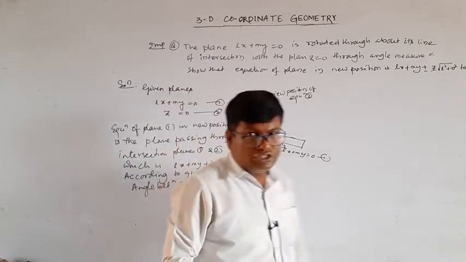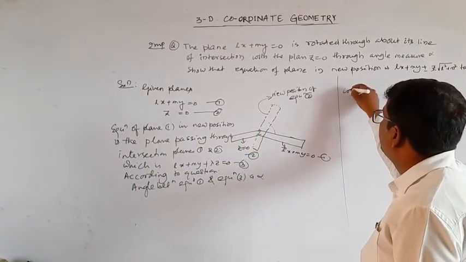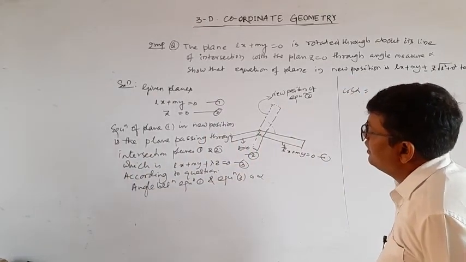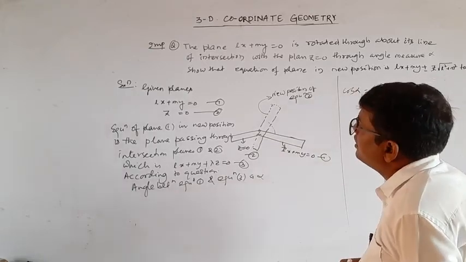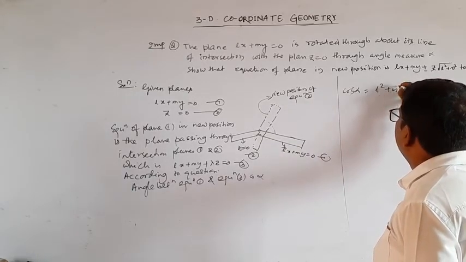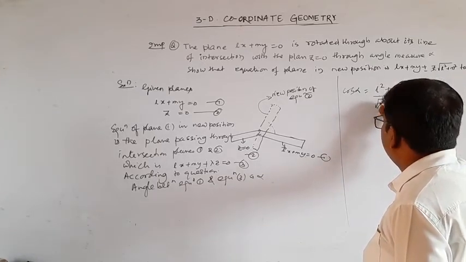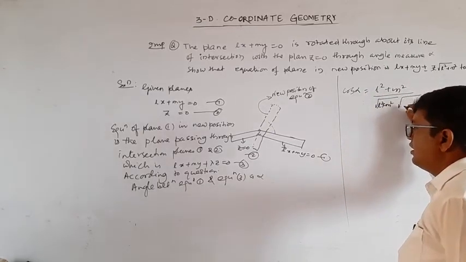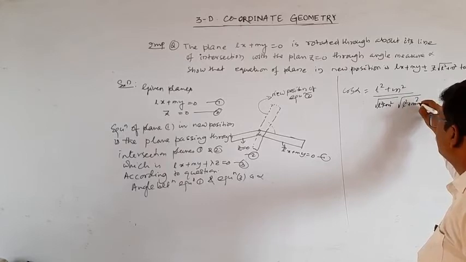So then cos alpha is equal to what? L, that is L square plus M square plus 0, divided by root over L square plus M square into root over L square plus M square plus lambda square.